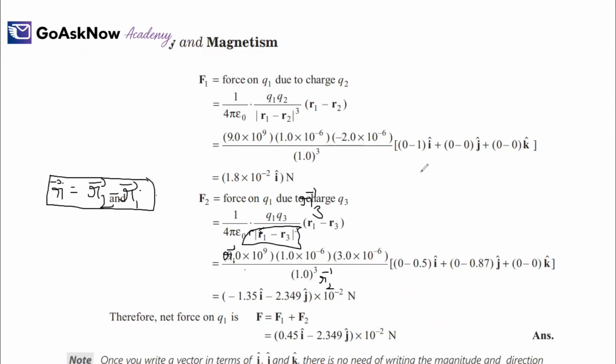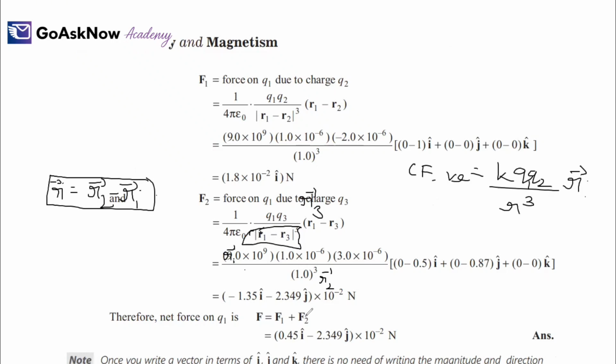I have already told you that Coulomb force in vector form is like k q1 q2 upon r cube into the r vector. This I already told you is the vectorial form of writing Coulomb's law, and you can see the first or second lecture of this chapter. So you can follow all the lectures on the channel of GoAsk Academy.